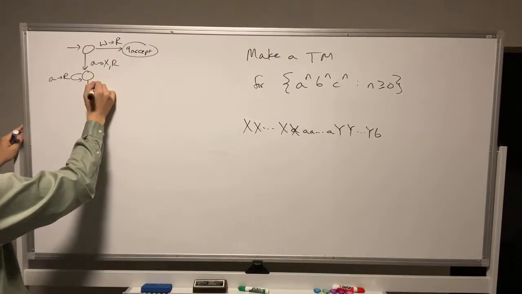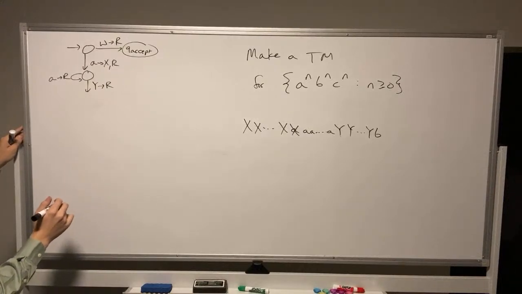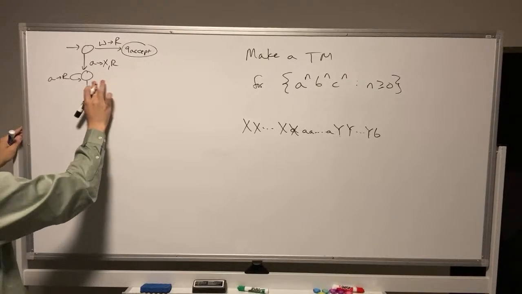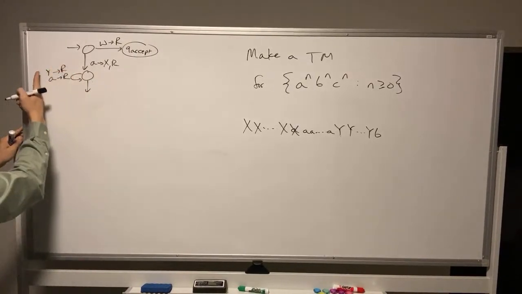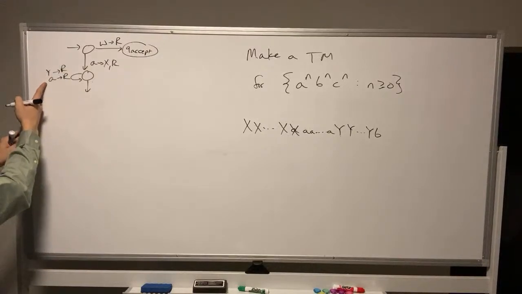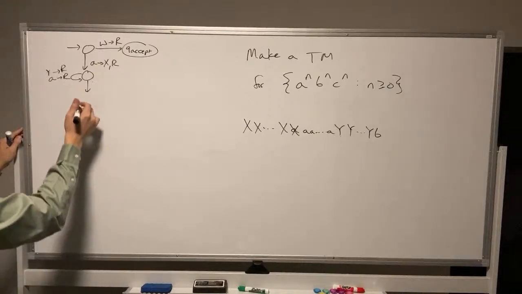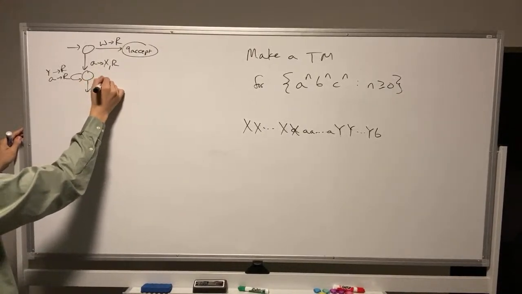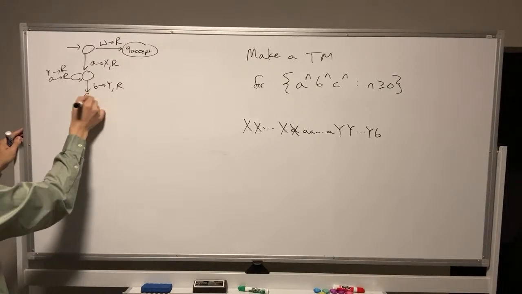So I need to see at least one. Actually, no, I don't. The logic that's going to come later is going to preclude the Y's from occurring before the A's, which is something we don't want. So here I need to see at least one B and change that to a Y.